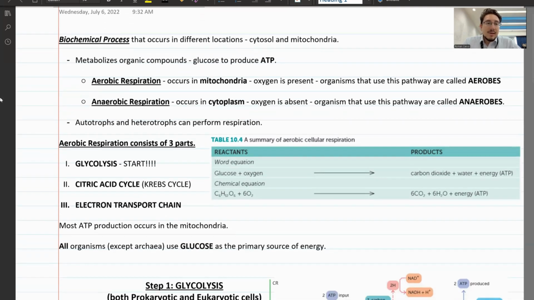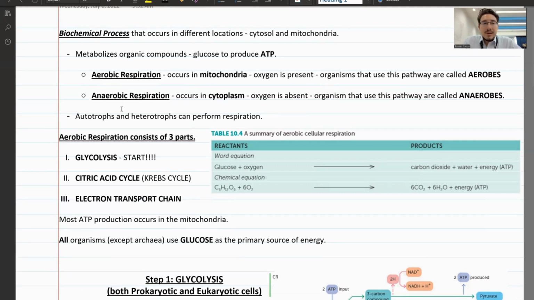Okay. Cell respiration can be broken down into two parts, depending on whether oxygen is present or not. Whenever you do have oxygen present, it's referred to as aerobic respiration, and aerobic basically means presence of oxygen. This aerobic respiration occurs in the mitochondria, and any organism that uses this pathway to produce ATP is referred to as an aerobe.